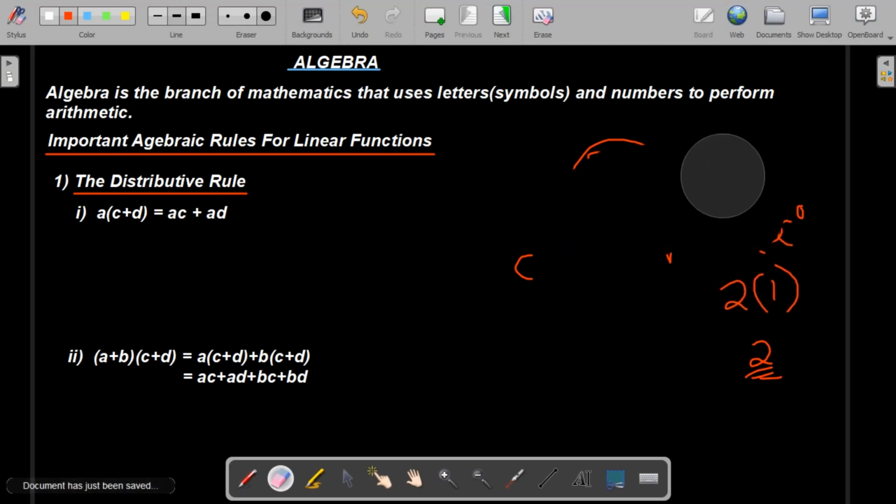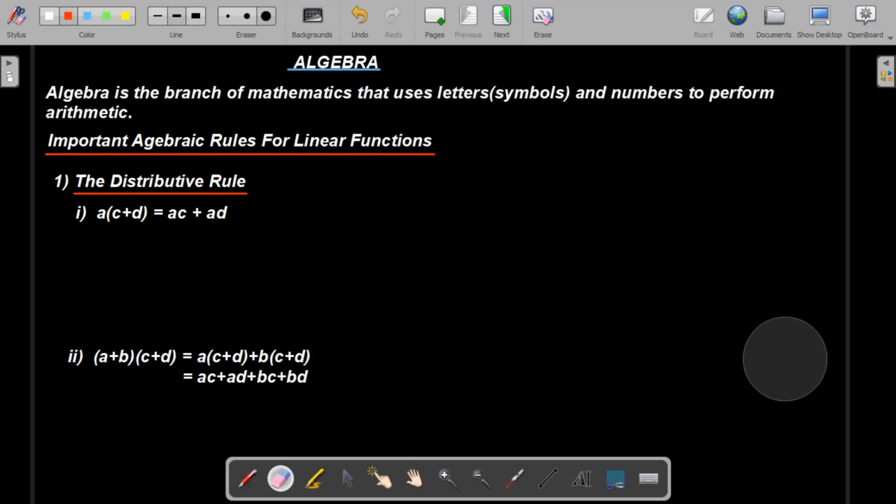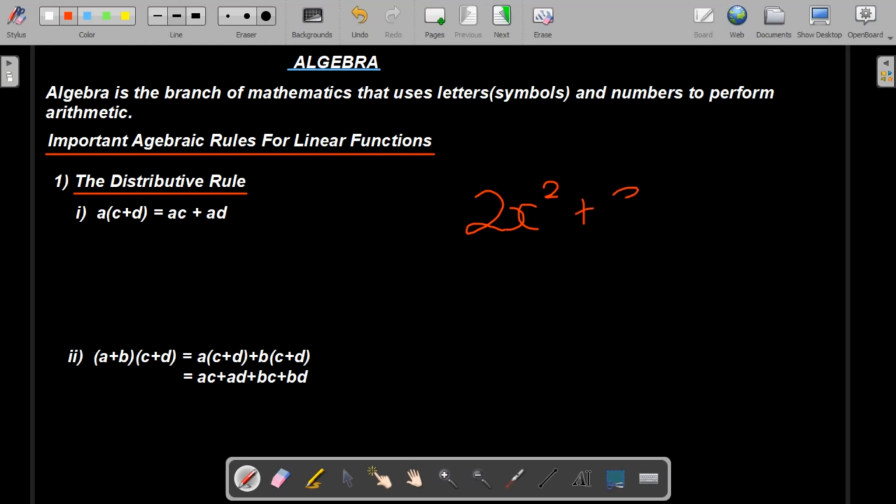Now let's go to the important algebraic rules. The rules for linear functions. When they use the word linear function, they simply mean something like 2x plus, for example, 3.